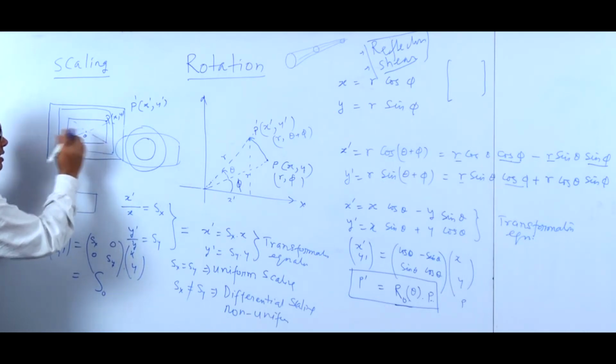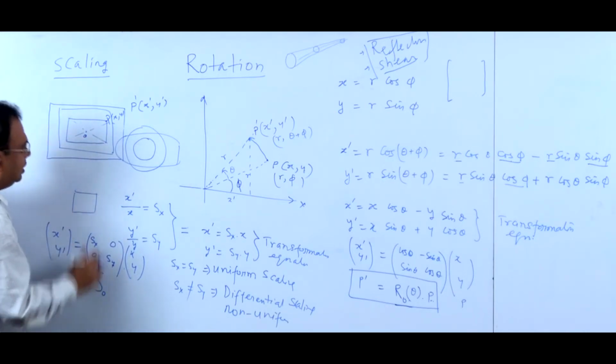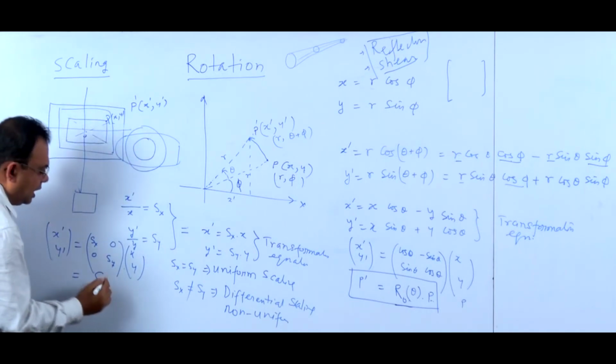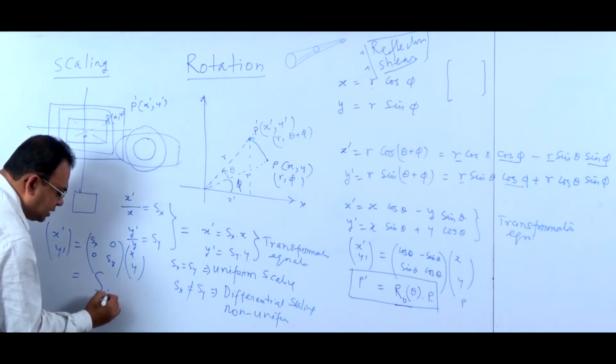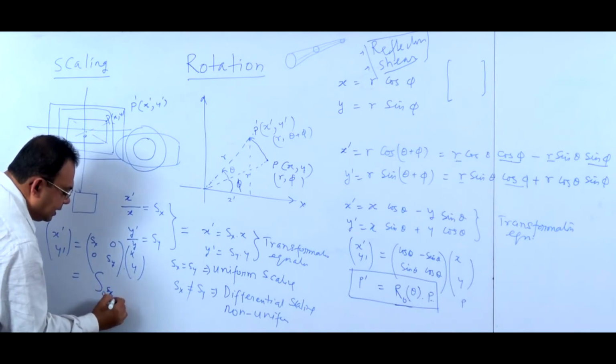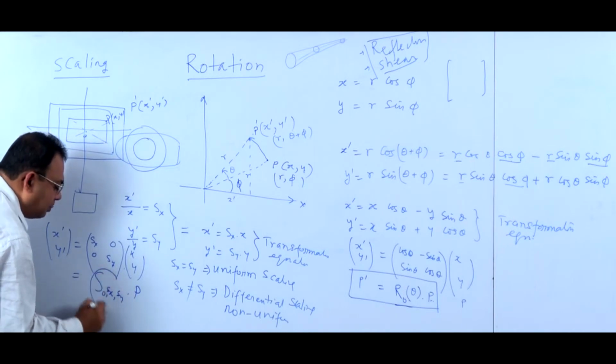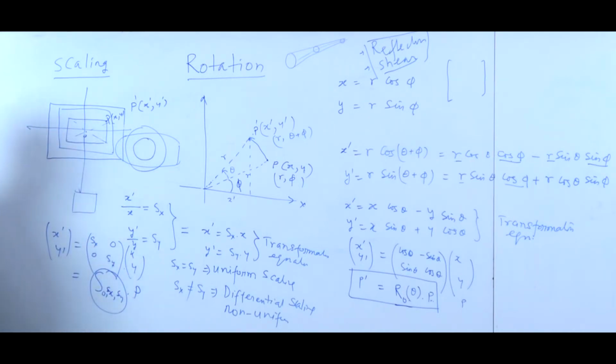So, this is nothing but the scaling matrix S with respect to the origin, say the center O of the coordinate system, with scale factors Sx and Sy operated on P. Here also this operator is multiplied on the object point to get the transformed point P dash.